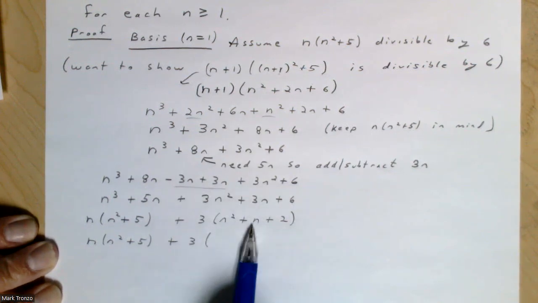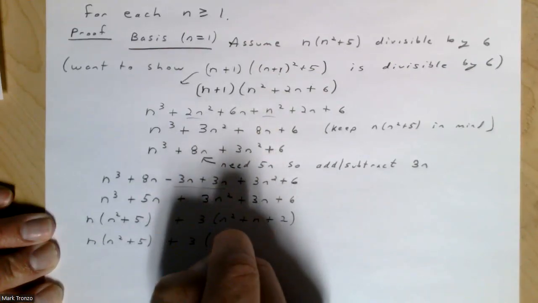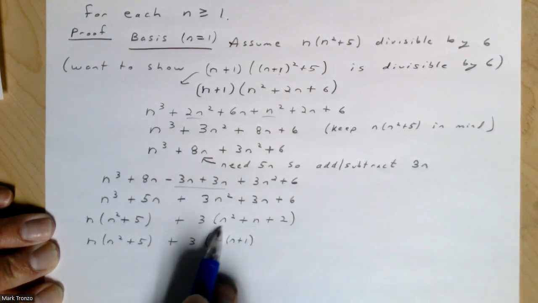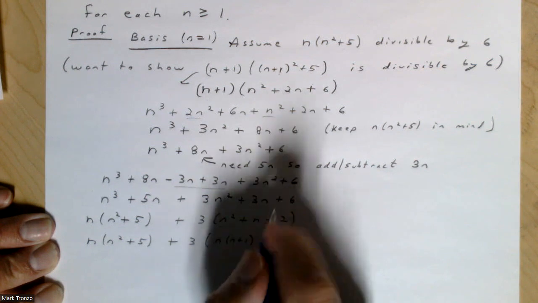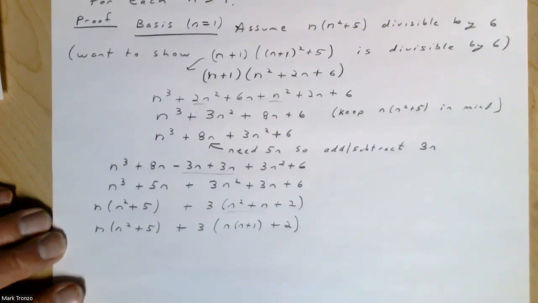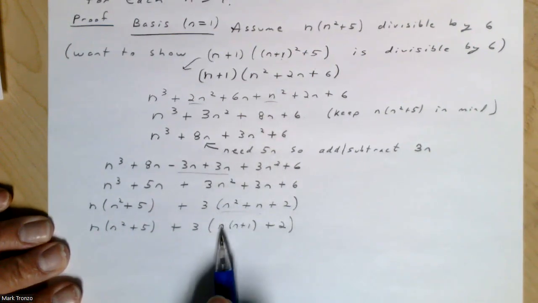And let's notice that this has to be an even number, this right here, because this has got to be n times n plus 1. I just factored these two terms like this. So again, this has to be an even number because this would be like 2 times 3 is 6.